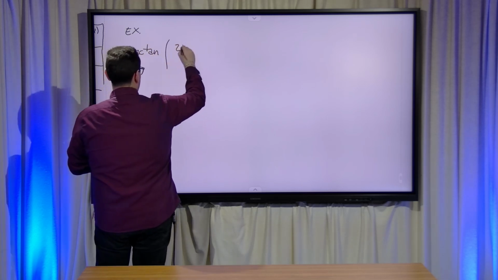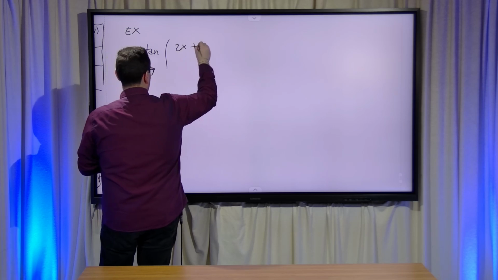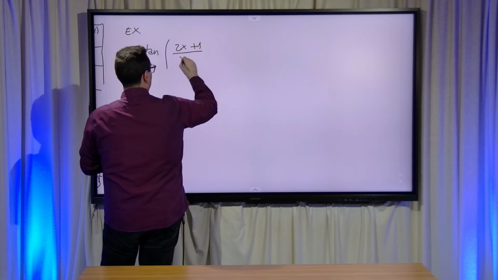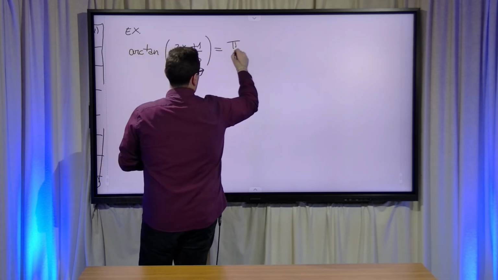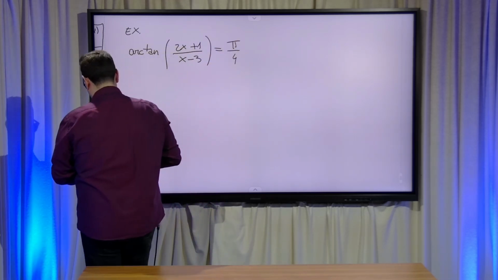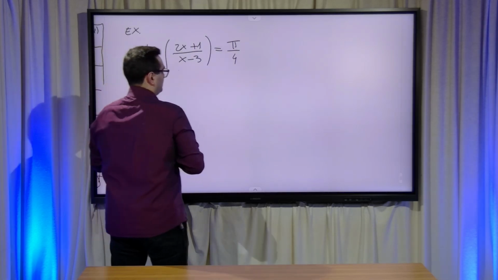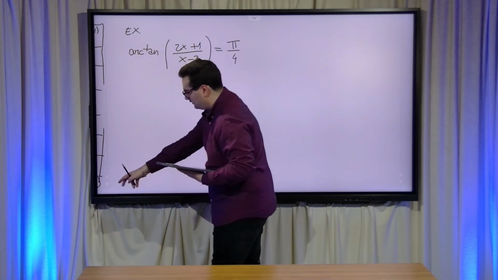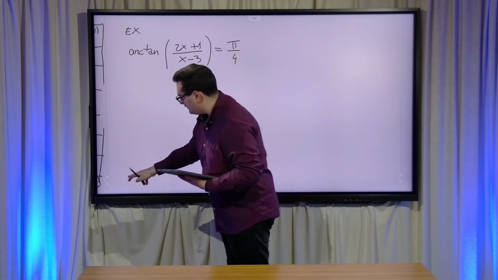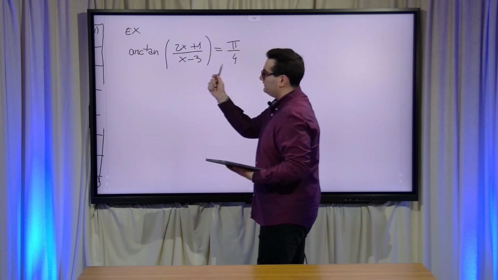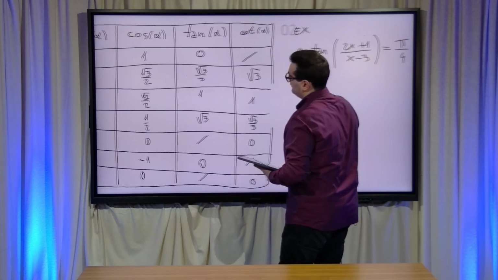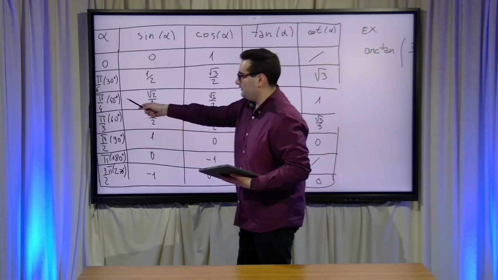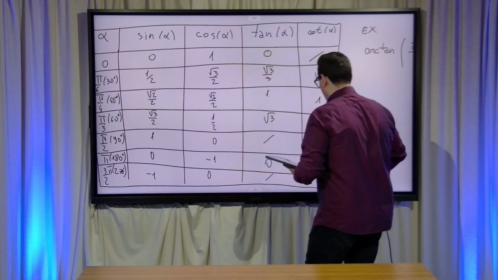Arctangent of 2x plus 1 over x minus 3 is equal to pi fourth. Of course, I computed the tangent on both members, so the tangent of pi over 4 is simply 1.